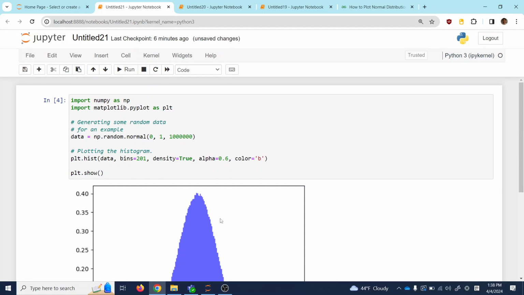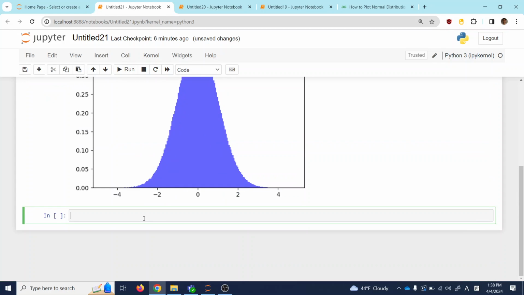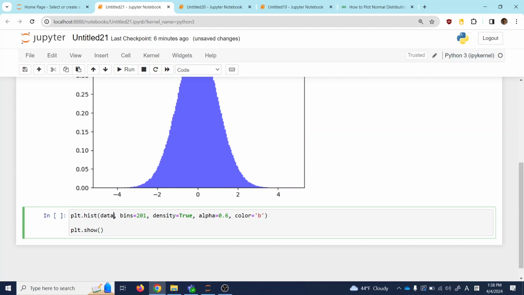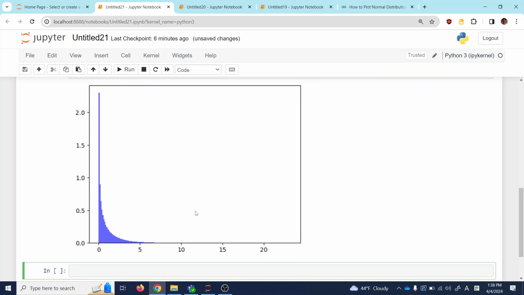Now, what I want to do is use the same data but plot the data squared. So I'm going to square all the values in this data, and let me show what happens. It doesn't look that pretty, but it has a name.